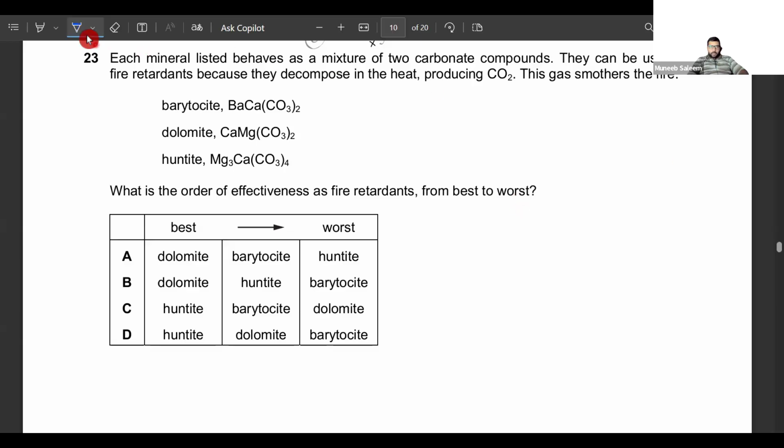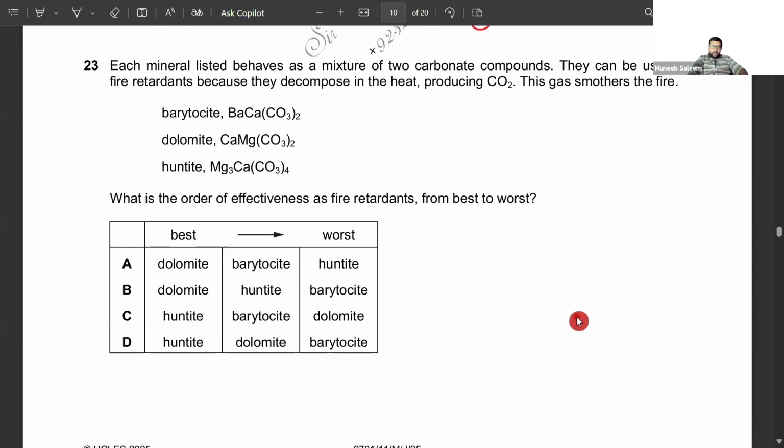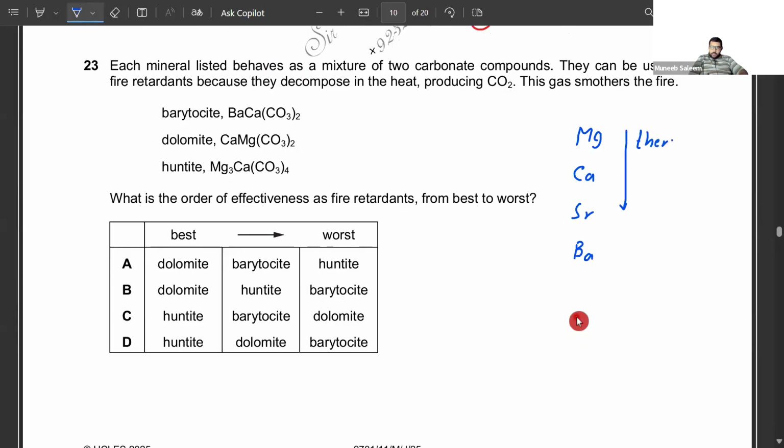So basically, we need to understand regarding this question which compound will easily be decomposed to produce the carbon dioxide. So this is the order of the elements in group 2. We have the magnesium, then calcium, strontium, and then barium. And while moving down the group, thermal stability increases for the carbonates of these elements.